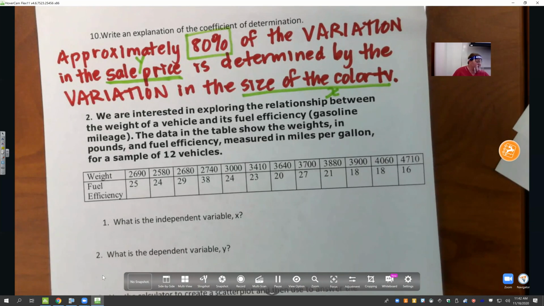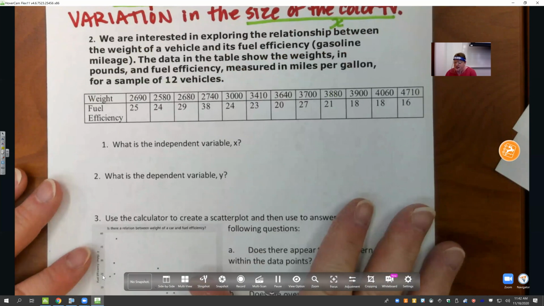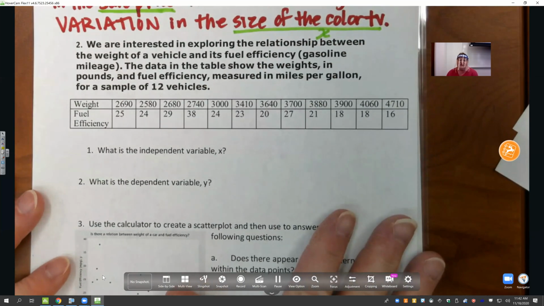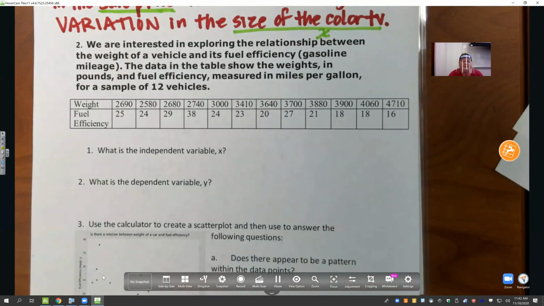Okay, I want to walk through one more so that you have 2 examples. I think this one has a negative correlation, and so that'll give you one with a positive and one with a negative. Okay, so the second example in your notes says, we are interested in exploring the relationship between the weight of a vehicle and its fuel efficiency.